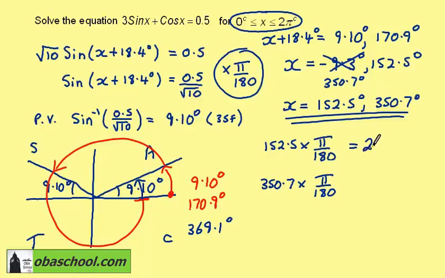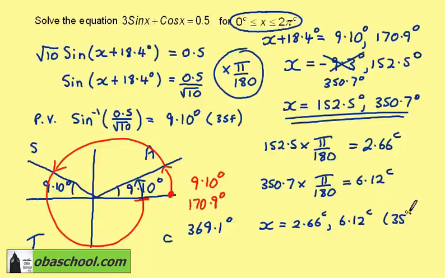This gives me 2.66 radians, and this gives me 6.12 radians. So our solutions in radians are 2.66 radians and 6.12 radians to 3 significant figures.